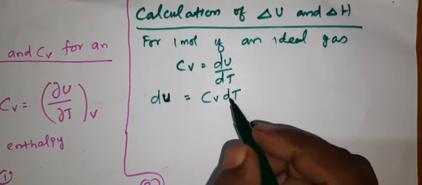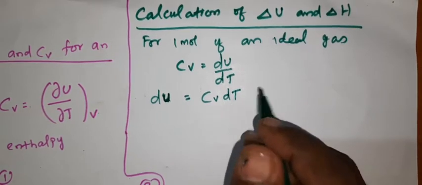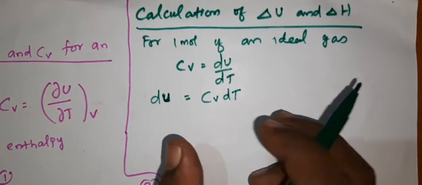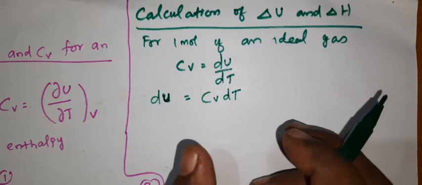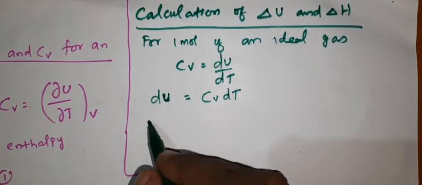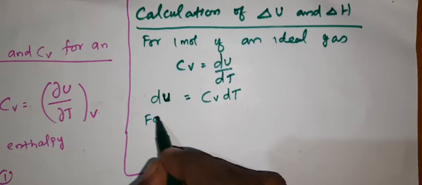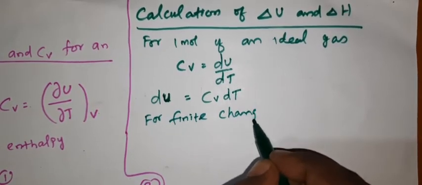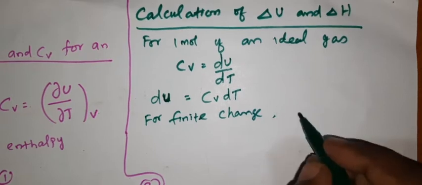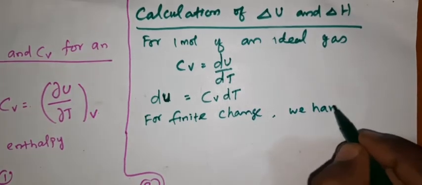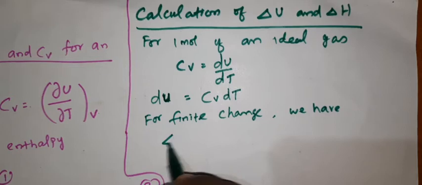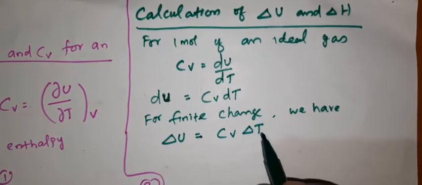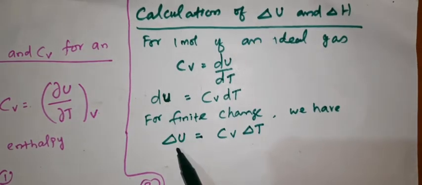For a finite change, meaning some limited change, infinite means unlimited change and finite means only limited change. For a finite change, we have delta U equals Cv delta T. We are changing this d into delta.